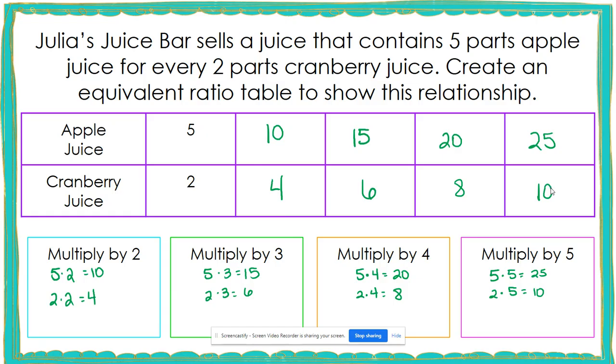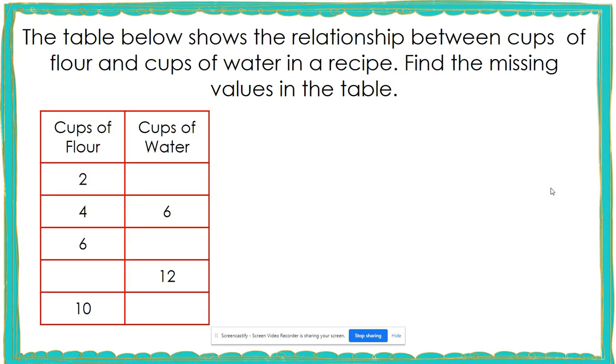Now, sometimes you have a ratio table that's partially filled out, and you need to find the missing values in the table. In order to do this, you need to actually look for parts of the table that are complete. And that means for this problem, I would need to look at a value where I know both the cups of flour and the cups of water.